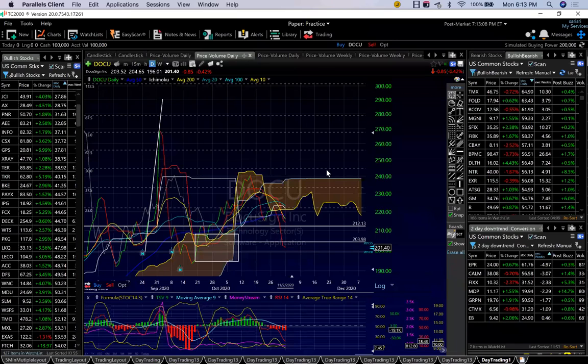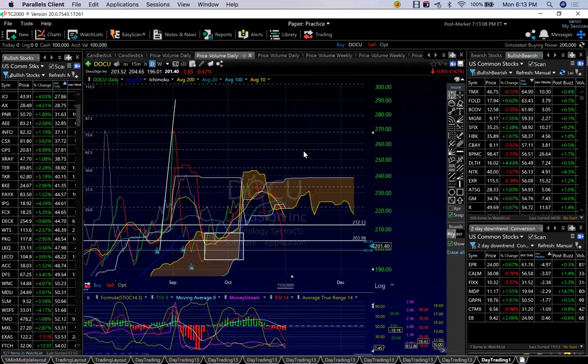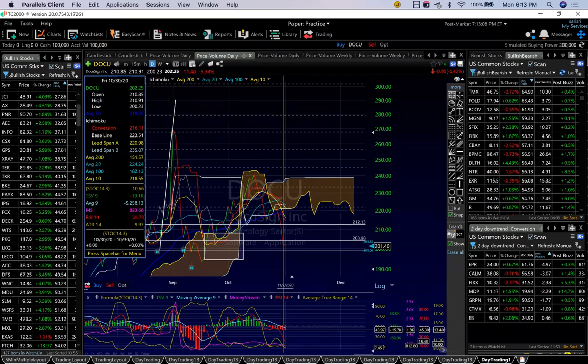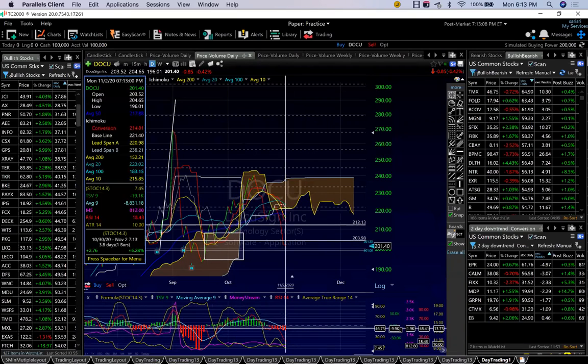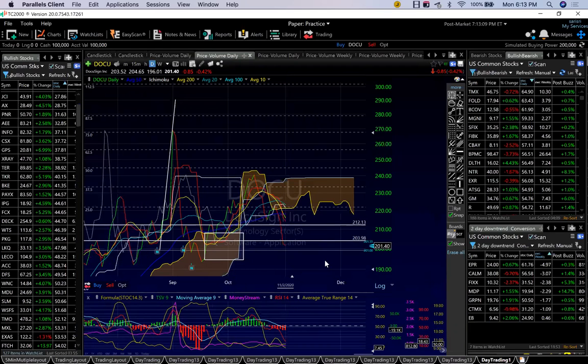These are the weeks where, when you see conditions like this, you don't want to trade much because you're seeing the divergence. If you look here, the volume is going up, the TSV, the time segmentation, is definitely going down.